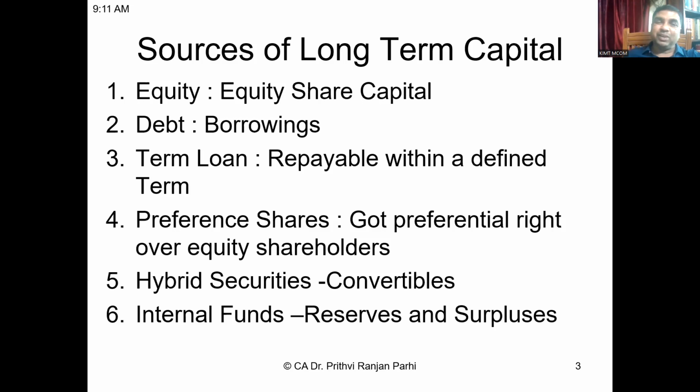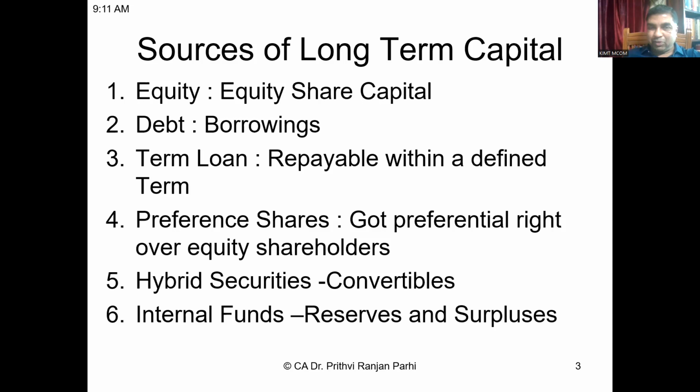Term loan means, as you can look at the slide, this is a kind of loan which is repayable within a defined term. Think of an example. Suppose you are buying a scooty on loan. You are getting that bike through finance.